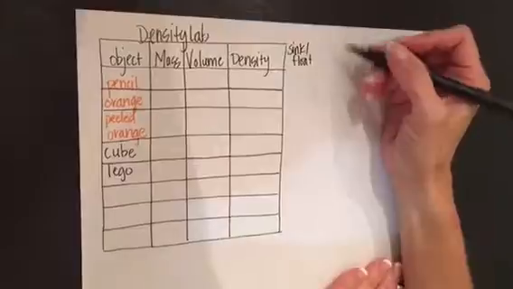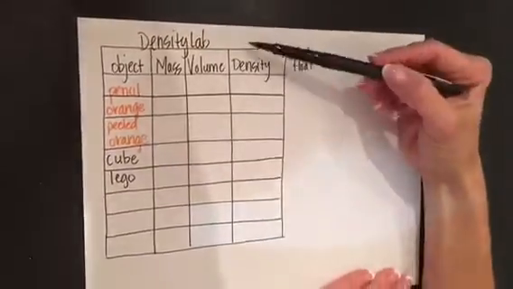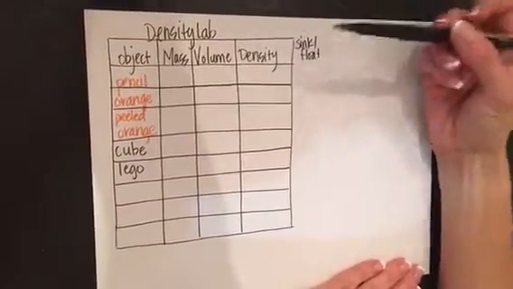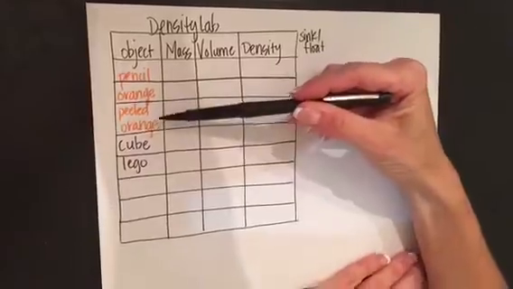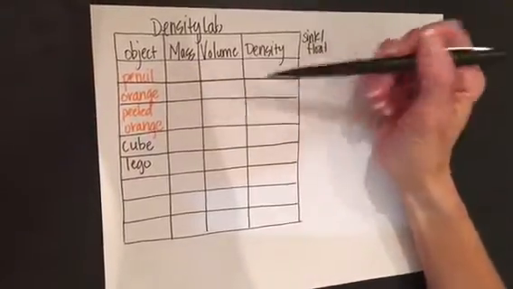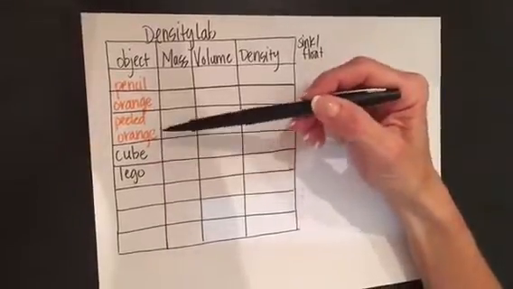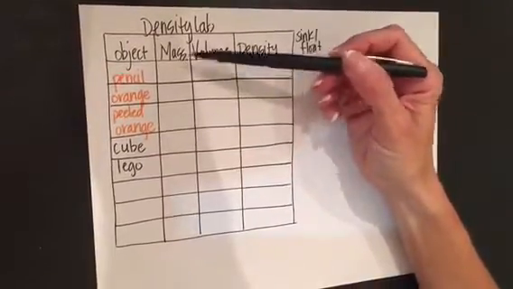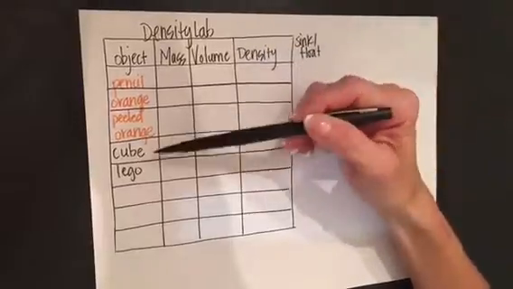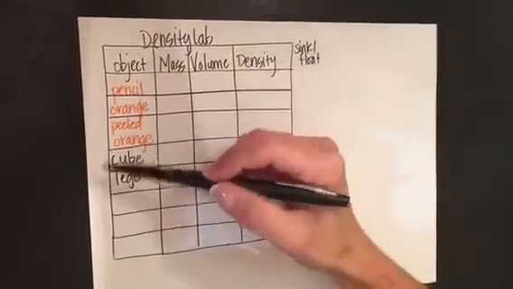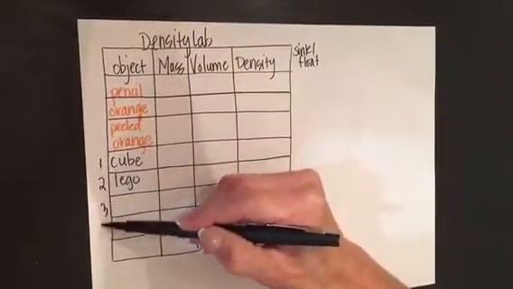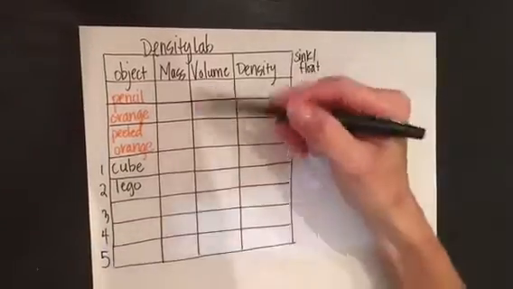Okay, I want you to turn back to your density lab that we did on Tuesday, where you had the penciled orange and the peeled orange, and where we found the density of all these objects. We are going to go back and add from our mass lab of last week and our volume lab of last week. I would like you to find 5 of the objects from the mass and volume lab.